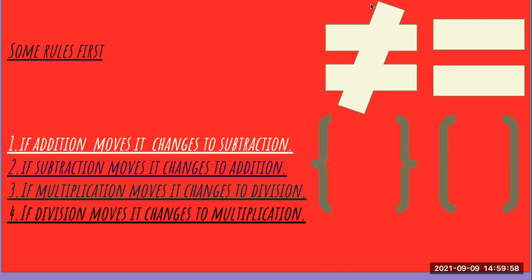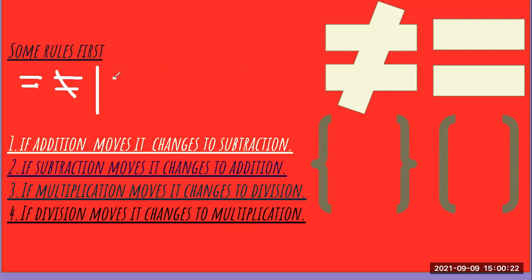Now, another rule. Whenever the equals to sign comes, we need to write the opposite. The opposite of this will be this.